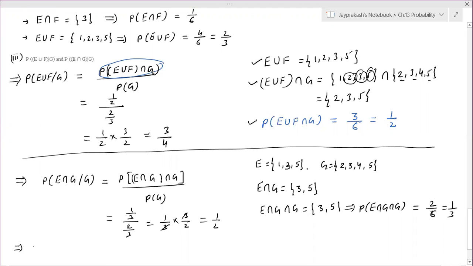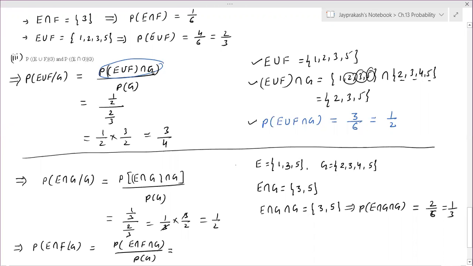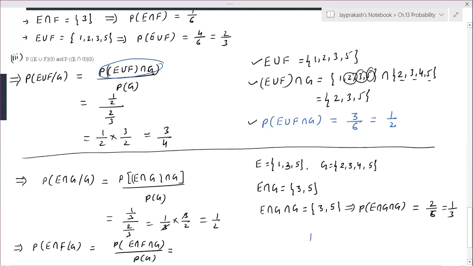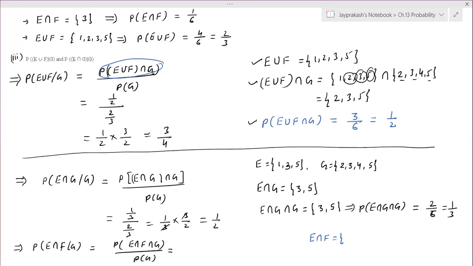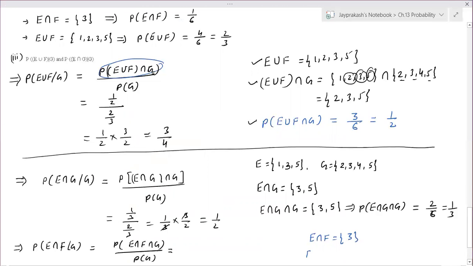In the same way, suppose the question is given like P of E intersection F given G. So we'll write P of E intersection F intersection G upon P of G. Now if we find E intersection F, it will be 3. And if you find E intersection F with the intersection G, again we have only 3 common.